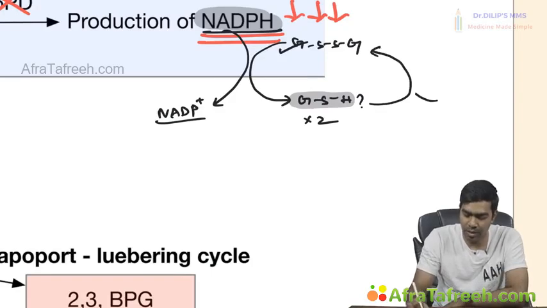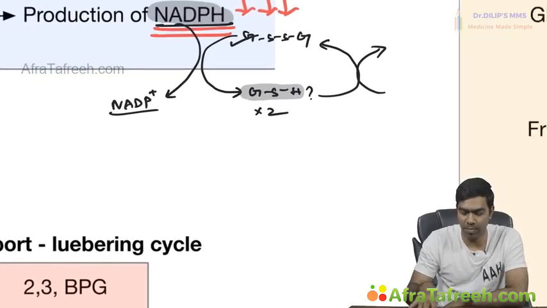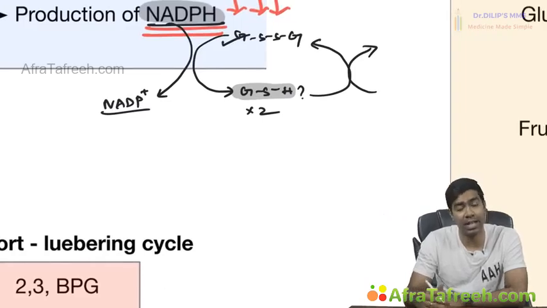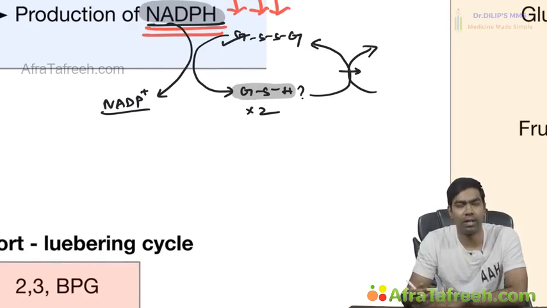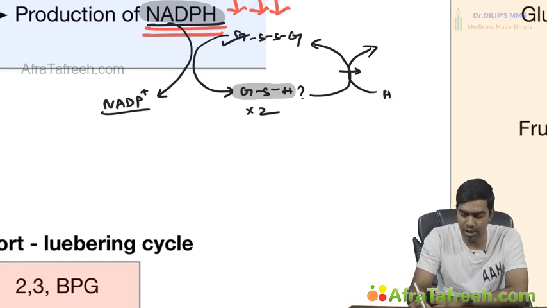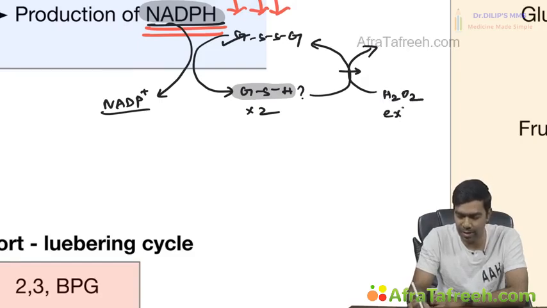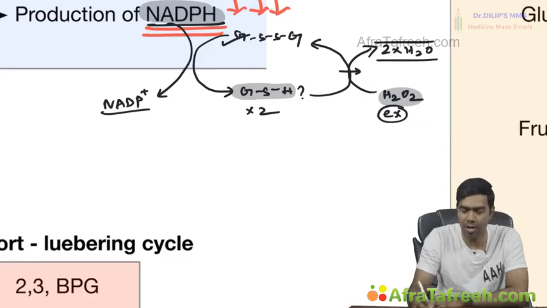Reduced glutathione becomes oxidized, but in doing so it reduces other compounds, because it pushes the hydrogen to certain oxidizing compounds and reduces them. The best example is hydrogen peroxide, which is converted into harmless water molecules.